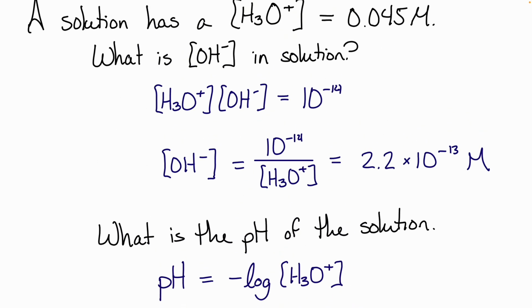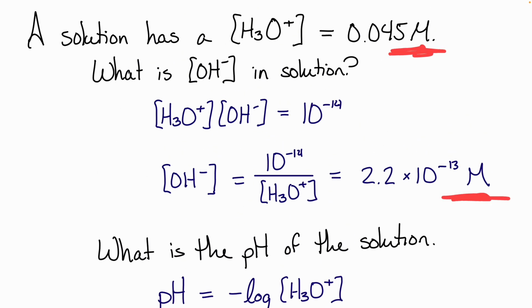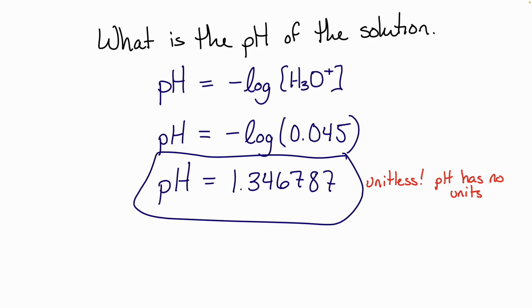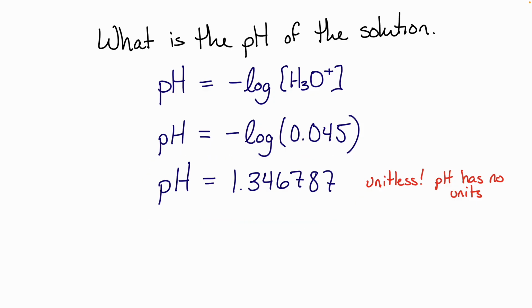Now my concentration units were molarity, but pH is kind of a weird quantity: it is a unitless quantity. Having that naked number there gives me a lot of anxiety, so I like to write pH equals. It makes me feel better. But there are no units that we tack on to the end of a pH. In fancy chemistry speak, it's what's called an activity. It doesn't actually have any units associated with it.